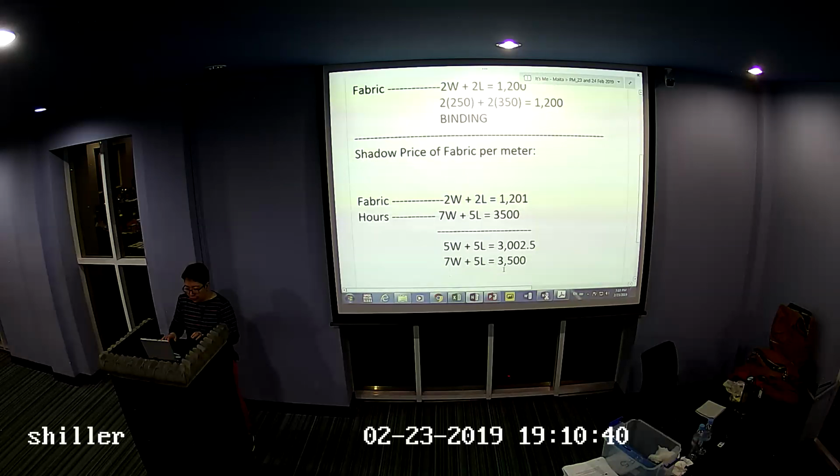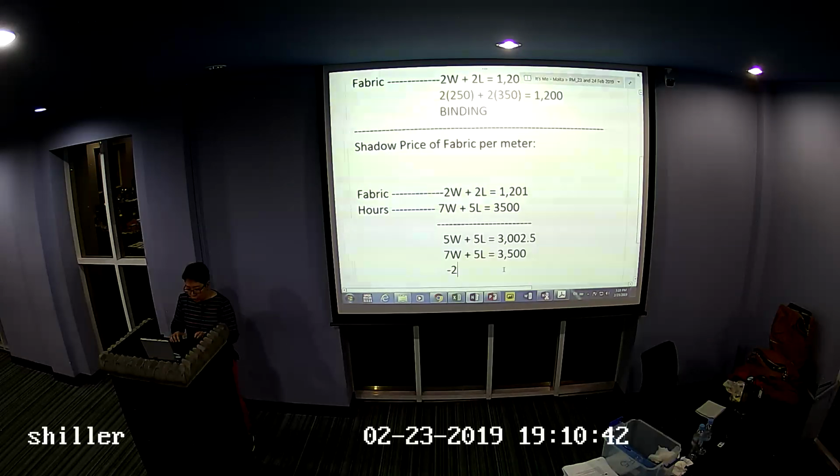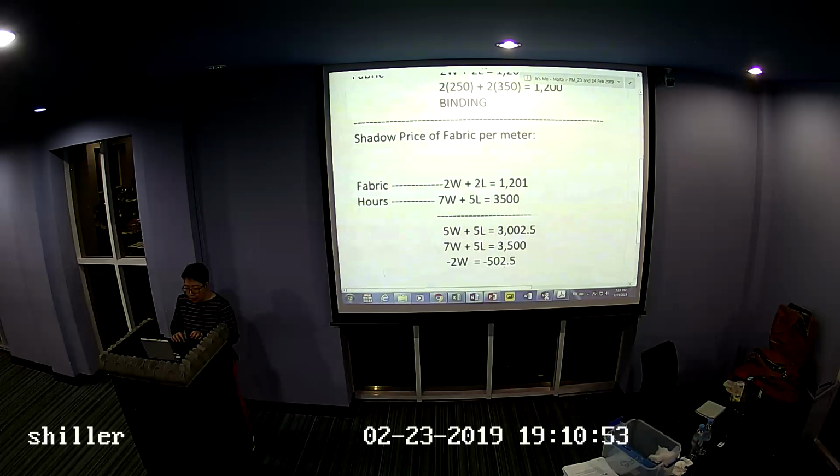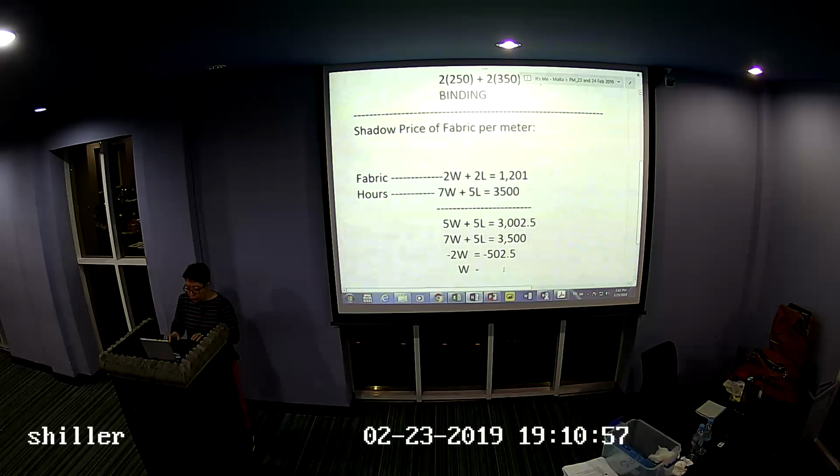So after I calculated this, it would be minus 2W equals minus 502.5. So W would be positive, correct? W is equal to how many?